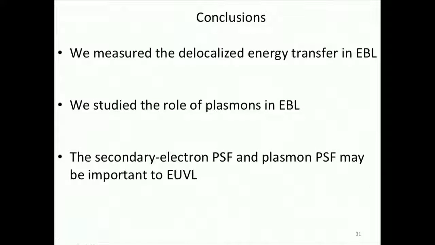To conclude, we measured for the first time delocalized energy transfer in electron beam lithography using a chromatic aberration-corrected EFTEM. We also studied the role of plasmons in electron beam lithography. We defined the role of spot size, electron scattering, secondary electrons and volume plasmons.